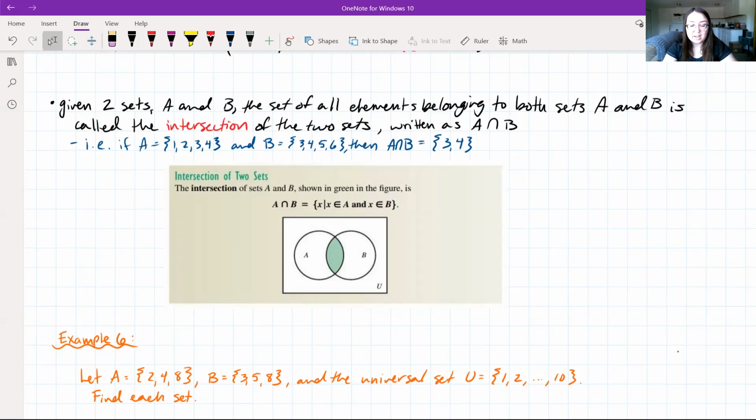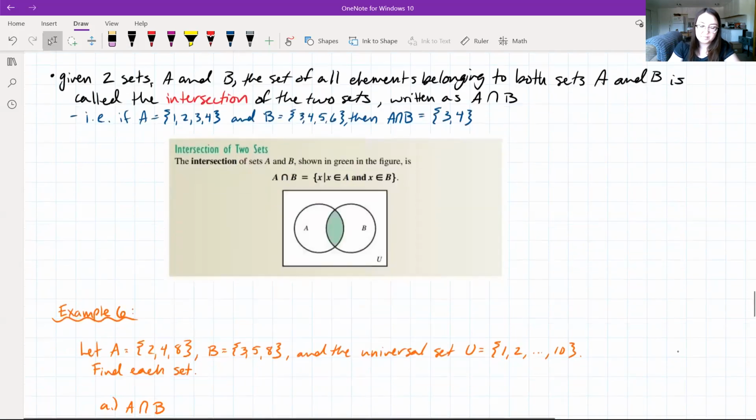So in Venn diagram form, we see here that the intersection of sets A and B, shown in green in the figure, is equal to the set of X, where X has the property that it is in A and it is in B. So the intersection, when we write our Venn diagram, is going to be the section where the circles overlap.